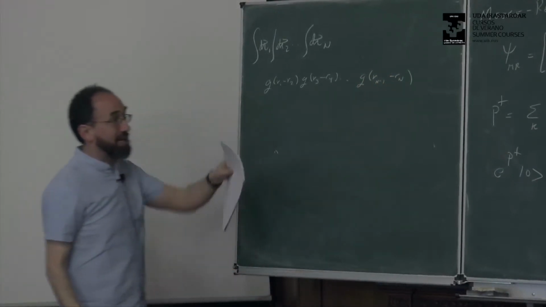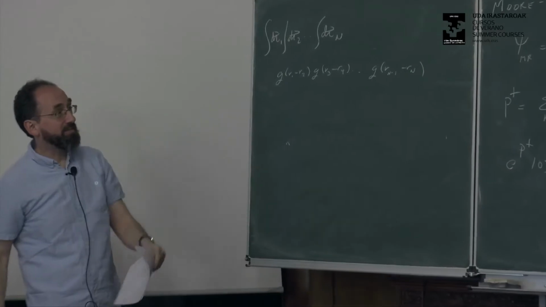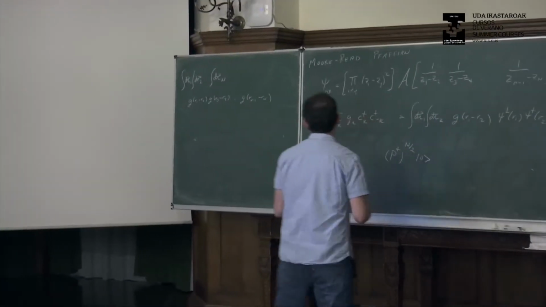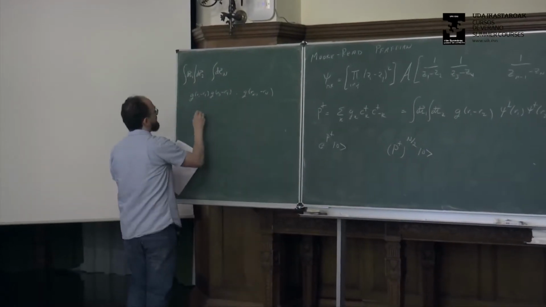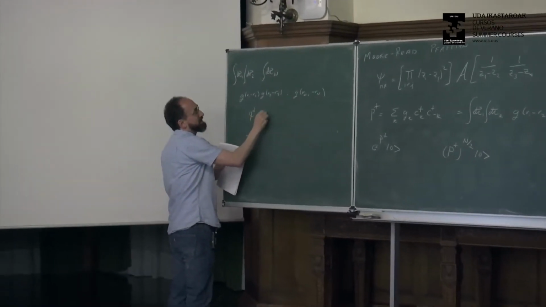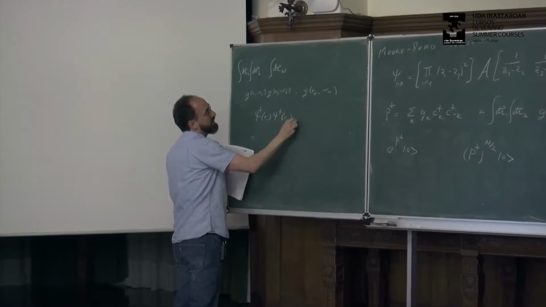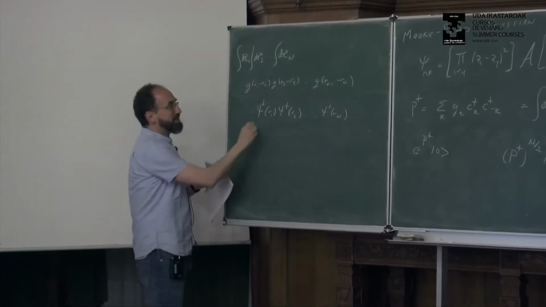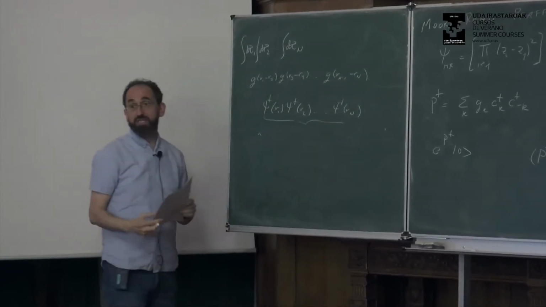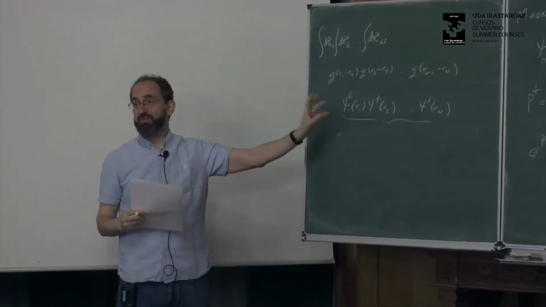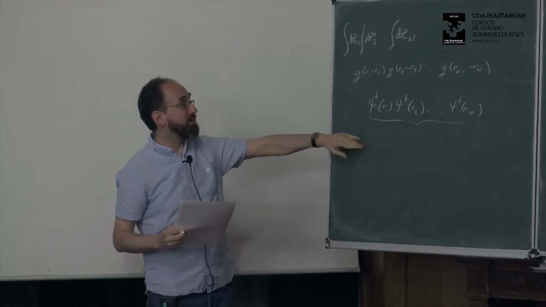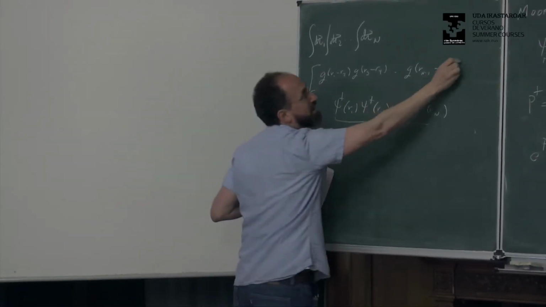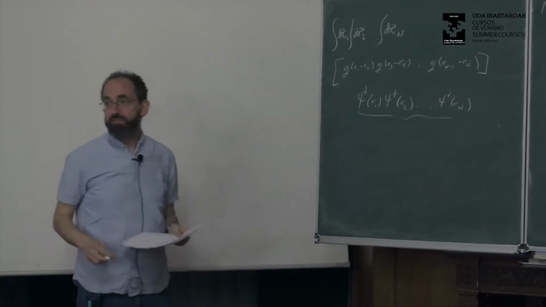And this looks a lot like this factor here, if these things are g. And then we have a bunch of psi daggers: psi dagger r1, psi dagger r2, dot, dot, dot, up to psi dagger rn. And this piece here is antisymmetric in switching the r's. OK? So that means that what we're actually doing is creating this wave function antisymmetrized.